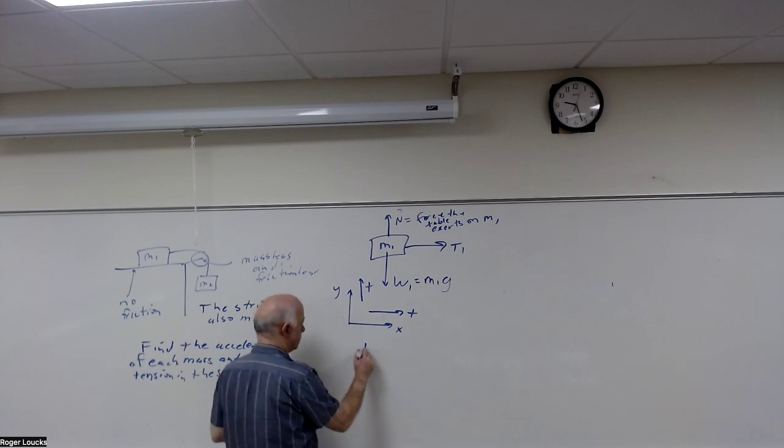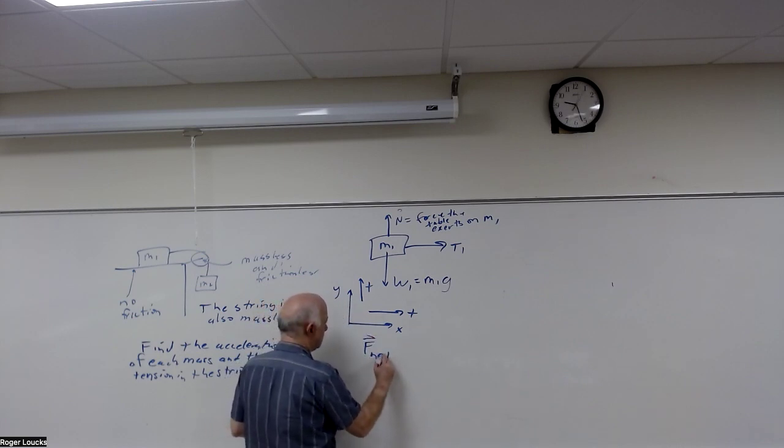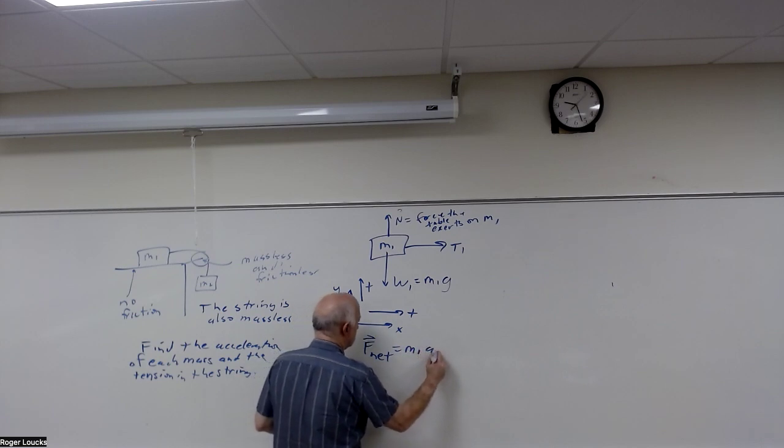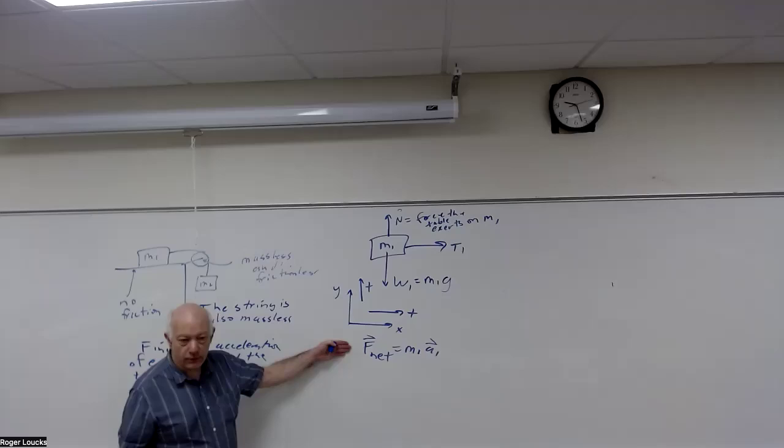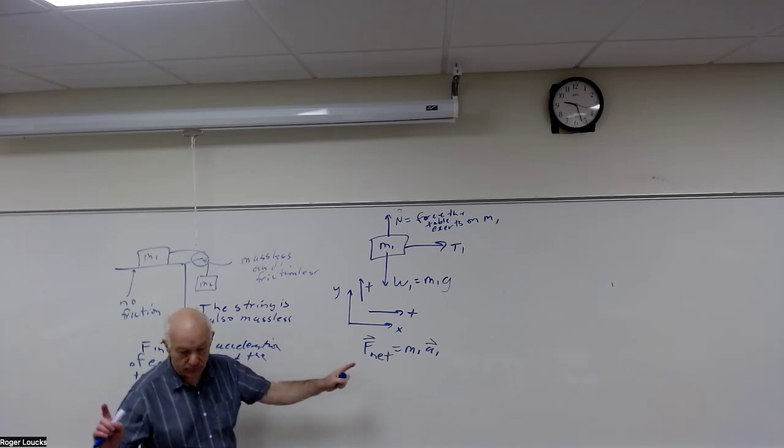Okay, so now I'm going to apply my F net equals MA to this guy, and then we do the other one. What are you going to do with Newton's second law here? You're always going to break it into components.